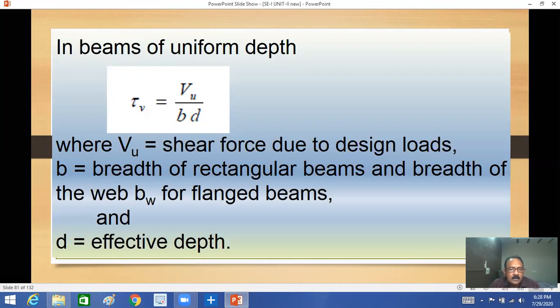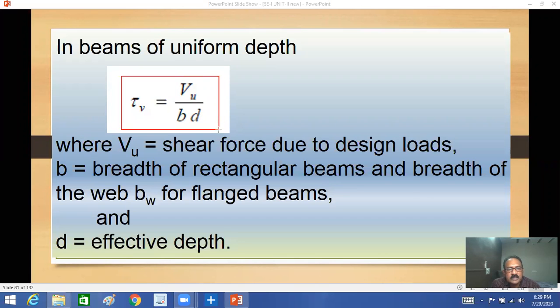You remember the formula to calculate the shear force due to design loads, Vu. b is the breadth of the rectangular beam, bw is the breadth of the web or width of flanged beams, and d is the effective depth. So tau v is equal to Vu by bd. This is an important formula. You must remember it.